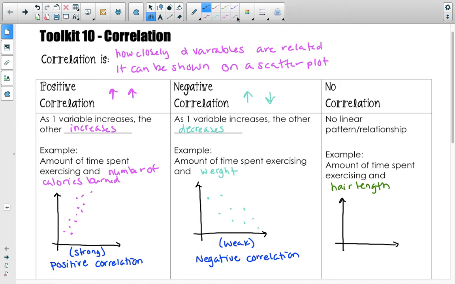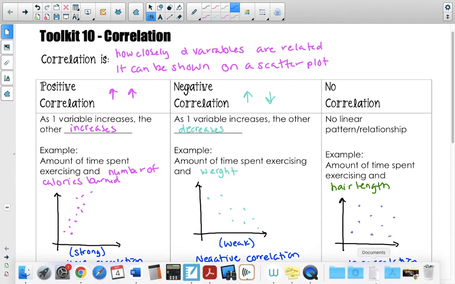They would not match up, they would not create a pattern. Our data points would just be kind of all over the place. There would be no pattern whatsoever to them. That doesn't make a line, it doesn't really make anything. This is no correlation, because they have nothing to do with each other.